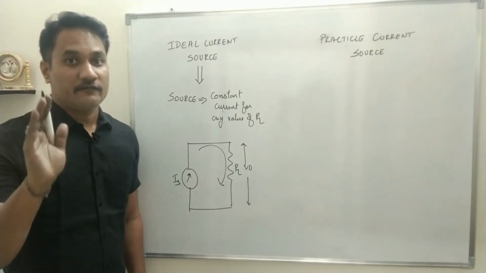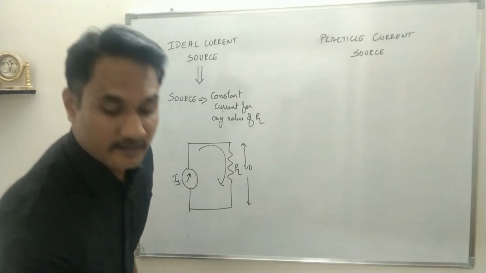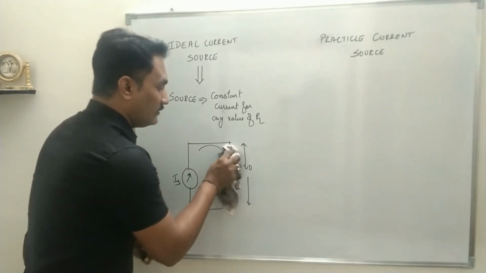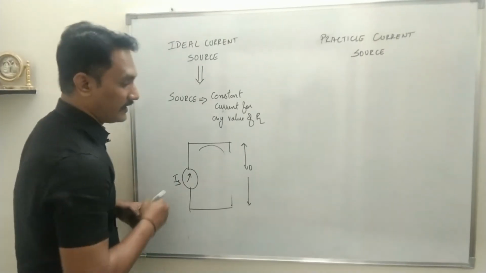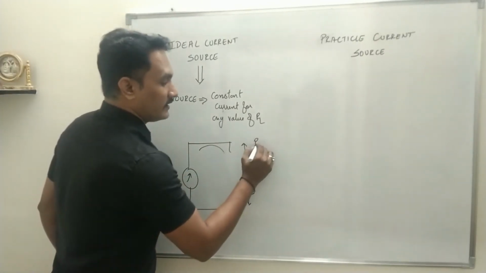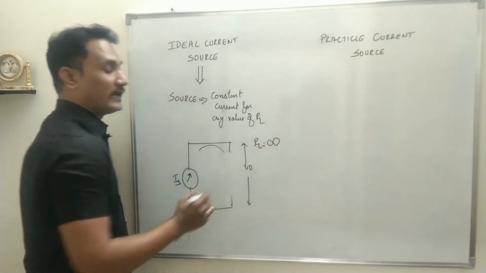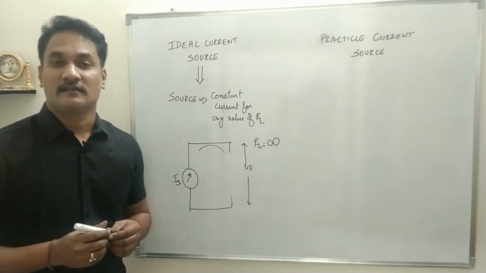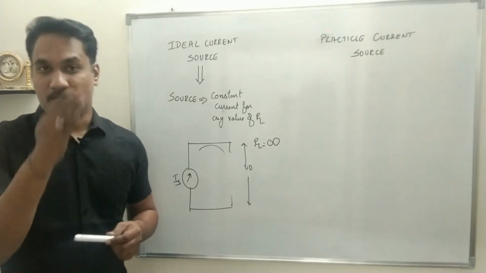But if you consider a point, say the value of RL is infinite, that means, see, in an electronic circuit, when I say a resistance value is infinite, that means that point is open, no current is flowing through that particular point.